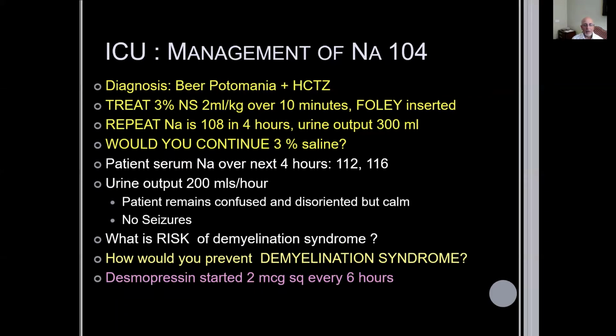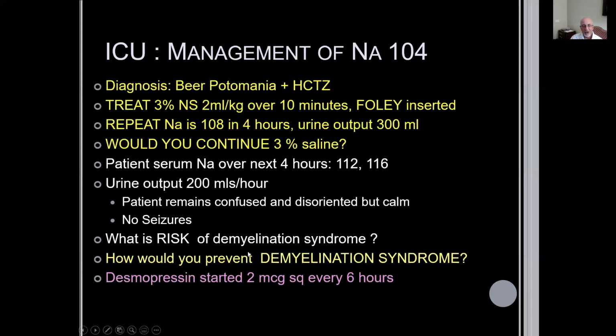So one now is concerned about what is called osmotic demyelination syndrome or pontine myelinosis. The question, therefore, is what causes this very serious neurological complication and how do you prevent it?